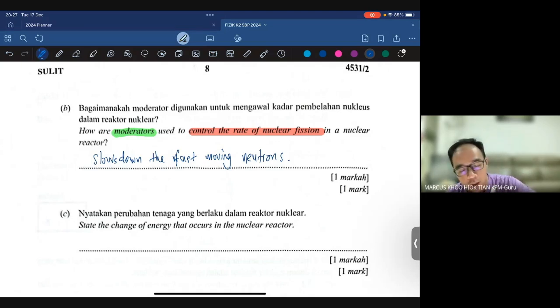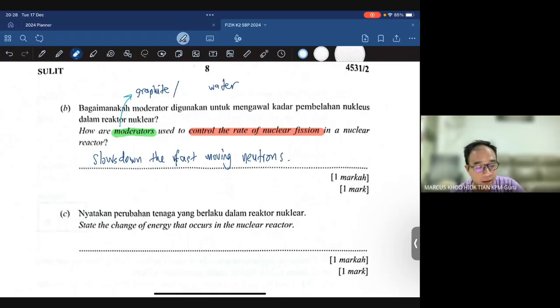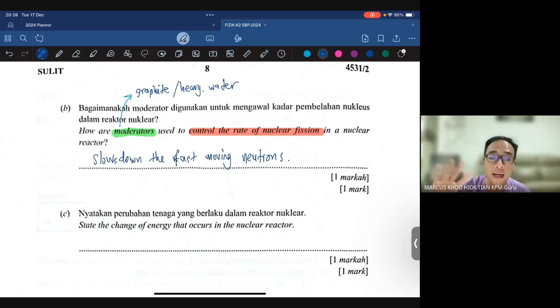Another thing you should memorize is that there are basically two very famous moderators, which are graphite and heavy water, air berat. These are the two moderator materials that are very commonly asked. Memorize this as a set. If asked what the moderator is for and what the examples are: graphite and heavy water.